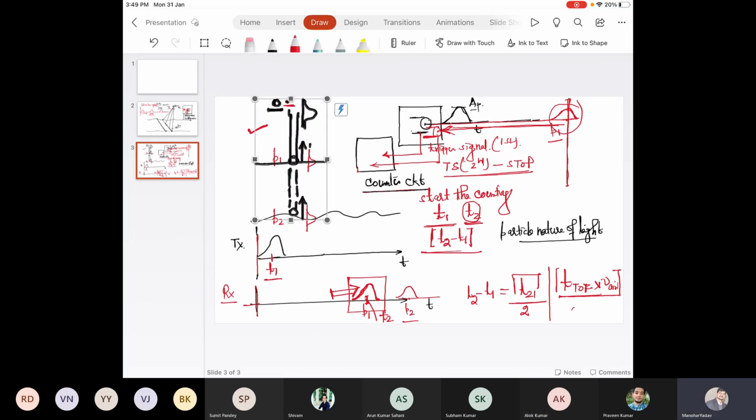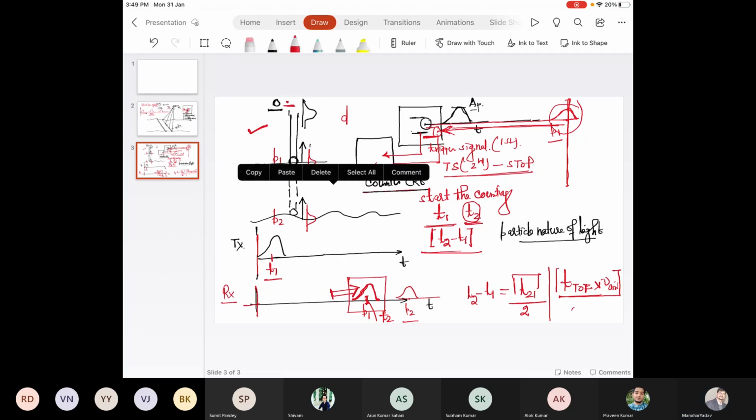So this is the distance D of OP1. Distance OP1 is calculated. So distance DOP1 is calculated first.